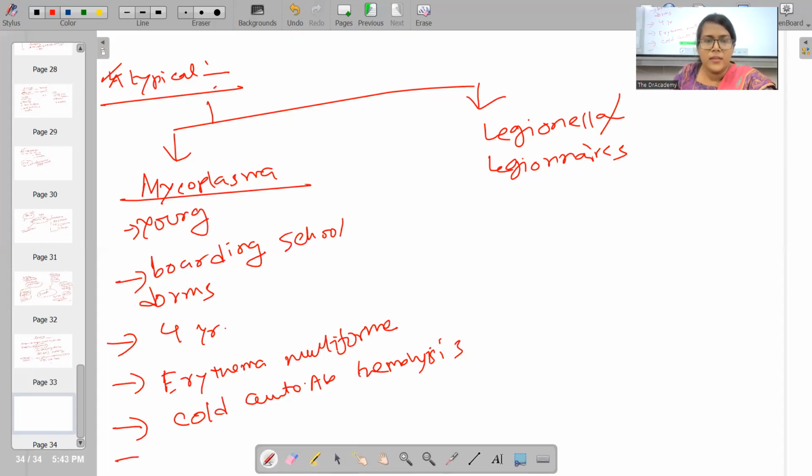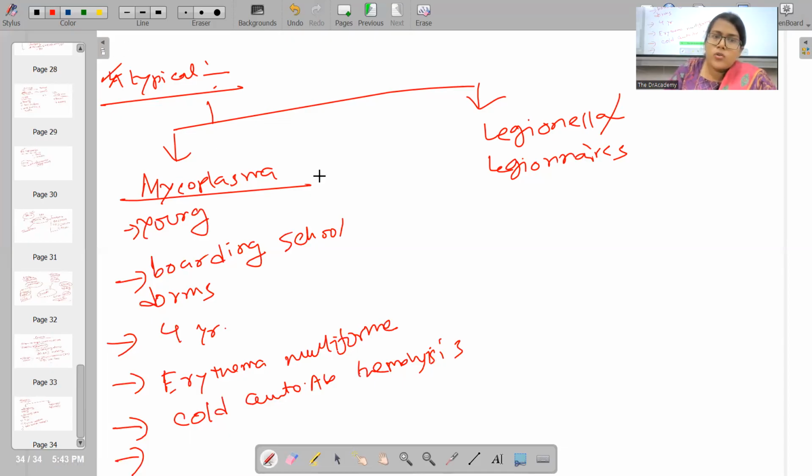And apart from that, compared to the regular pneumonia, in the atypical pneumonia, the fever is not that high. So it usually causes low-grade fever, dry cough, shortness of breath, and prodromal symptoms are more evident in the Mycoplasma or the atypical pneumonia.